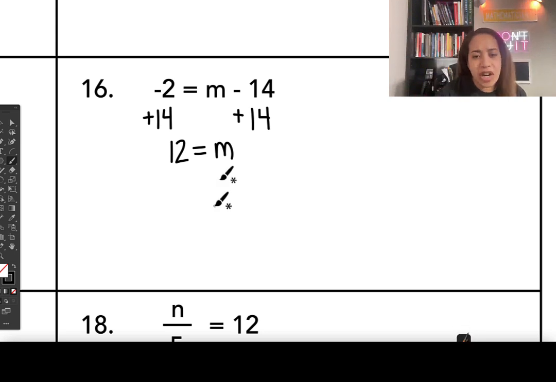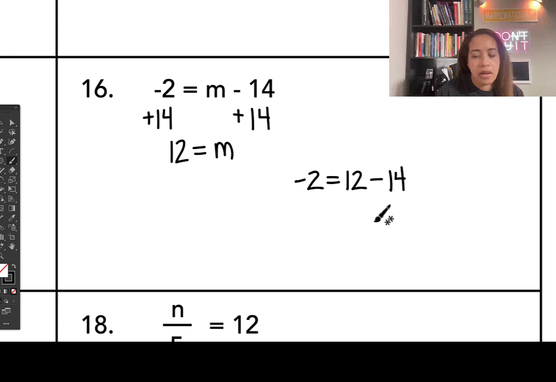Let's go ahead and double check our work on this one as well. So I'm going to plug in 12 in for m. If you are ever unsure, especially on problems that have some tricky signs, you should go ahead and double check your work. So I'm plugging in 12 for m. So I need to double check that 12 minus 14 does give us negative 2. So you could say keep change, change.